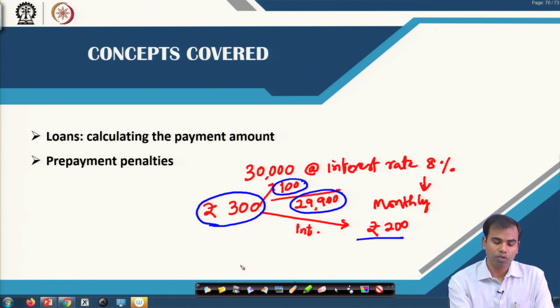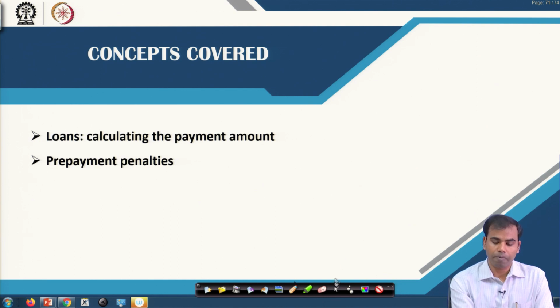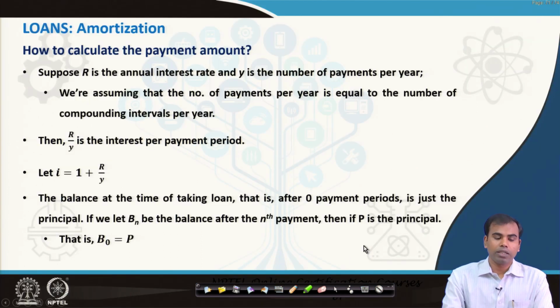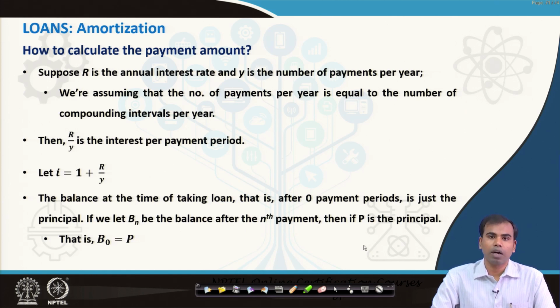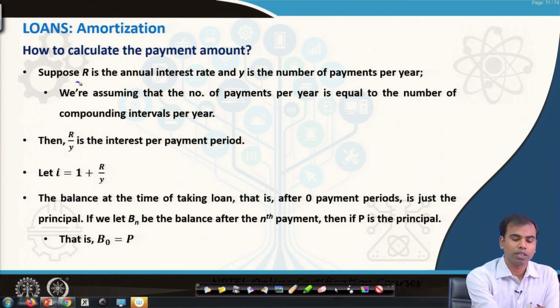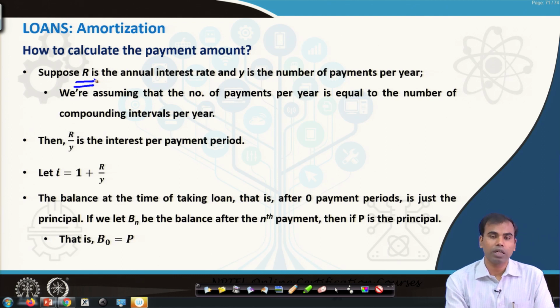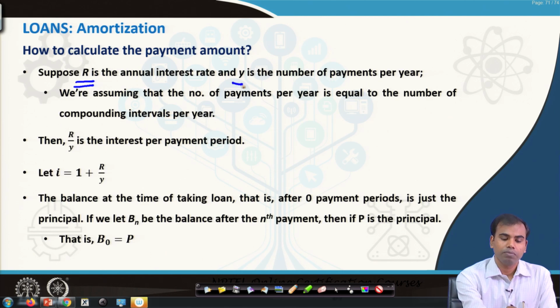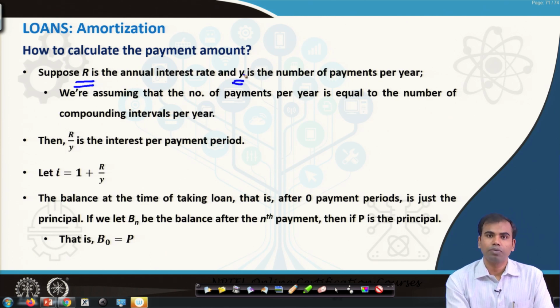In this session, we will try to discuss with the help of some basic understanding of mathematical features. First of all, let us start with the basic assumption. Suppose that R given here is the annual interest rate, which is basically the rate of interest that is charged on loan account, and Y is the number of payments per year.